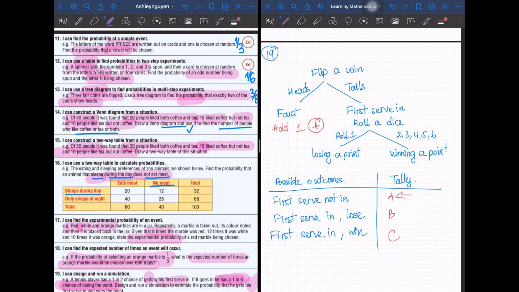And whenever you flip a coin and you have a tail. After that, you need to roll a die. Flip a coin, head, and roll a die.